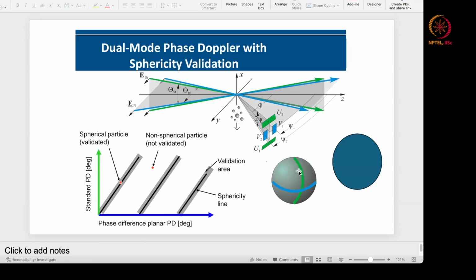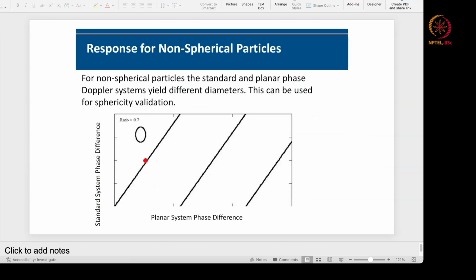Basically, the glare points do not align with respect to each other. For example, a particle with a ratio of 0.7 will probably be rejected. So this can be used for sphericity validation.